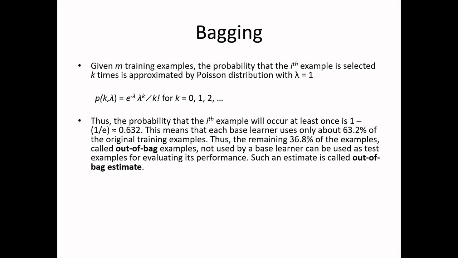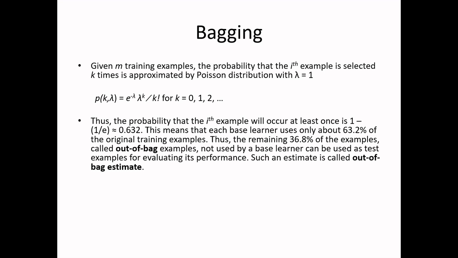Now, think of what we mentioned right in the beginning, dividing your data into a training set and a test set using about a 70-30 split. Something similar is going on here: each sample that you are creating has only about 63% of the data.